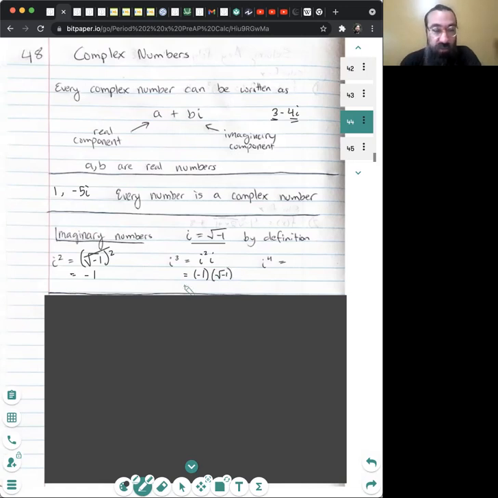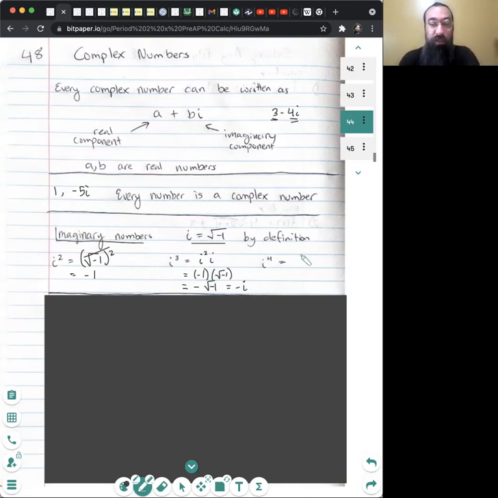And so we found that this is equal to a negative square root of negative 1. So we could leave it like that, or honestly, it's just better to leave it as negative i. That's just simpler. So we've got i squared as negative 1, i cubed as just negative i.